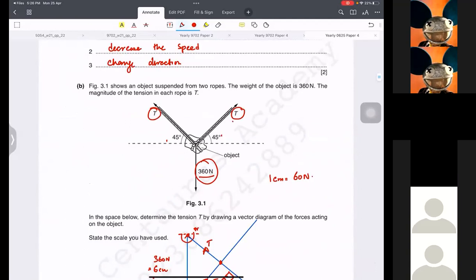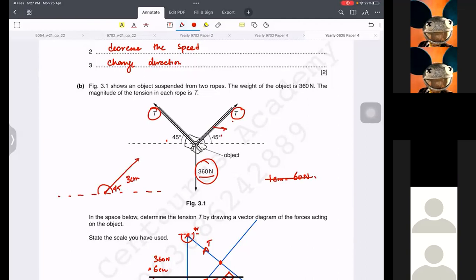One more thing I was thinking here: instead of this, we could just randomly draw a horizontal line for reference, and then mark 45 degrees and extend this to, let's suppose, 3 centimeters.